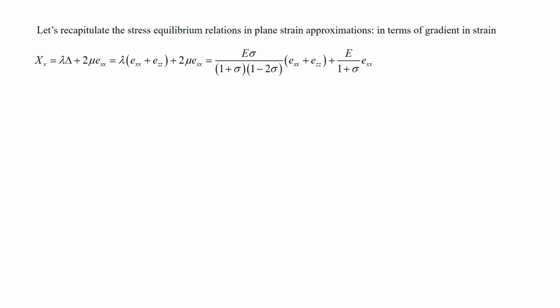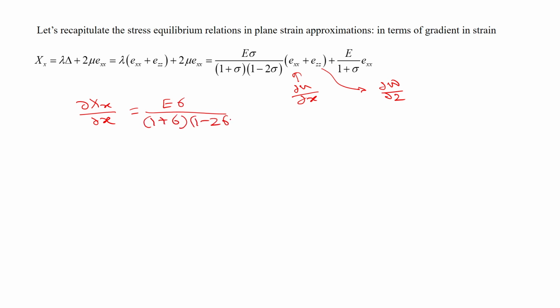Here sigma xx is given as lambda into delta plus 2 mu e xx. We derived it a long time back, and e xx, as you know, is del u by del x, and e zz is del w by del z. So del sigma xx by del x will be equal to E sigma by 1 plus sigma into 1 minus 2 sigma, and then we differentiate with respect to x.